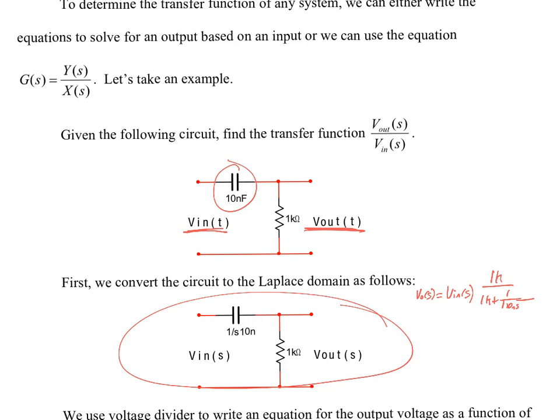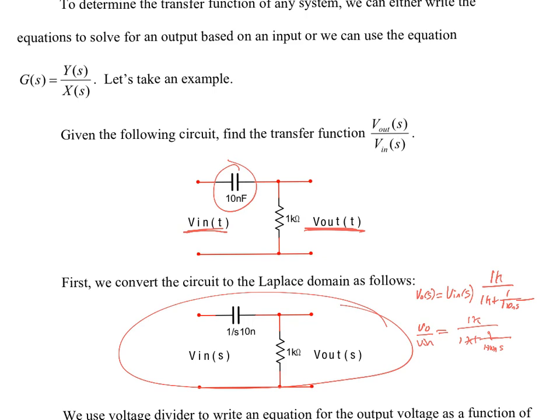and you're done. So our transfer function, V out over V in, in the Laplace domain, is equal to 1k over 1k plus 1 over 10 nano, or 10 to the minus 8, s. Is this okay to work with?